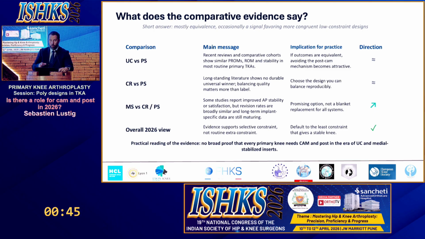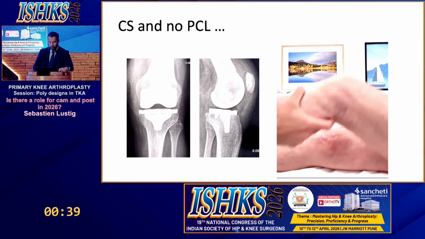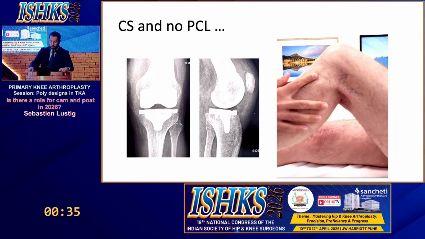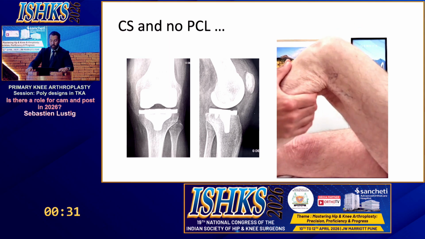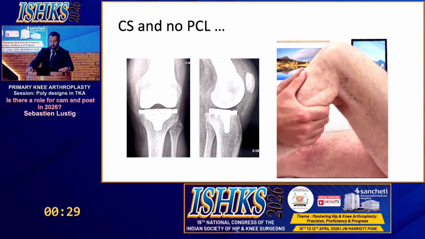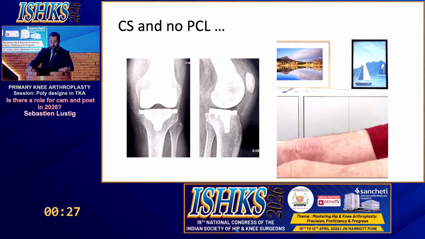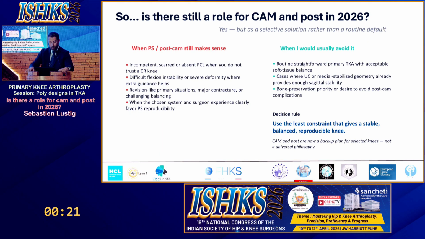So I think we're moving away from a systematic approach. It's going to be true for alignment, it's true for PS, for design, and post-cam is just one answer. But sometimes it's useful. I can show you this case where we went for a CS without PCL, and you can see that this is creating gross instability in flexion. So this is where probably a PS design is much better if your PCL is insufficient, and you should keep it in your portfolio.